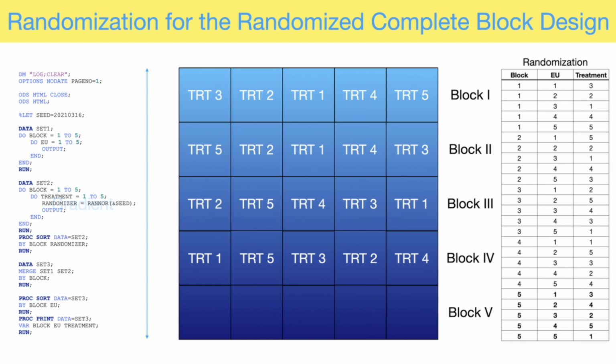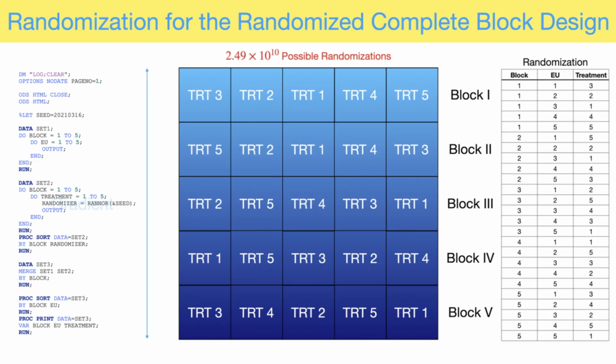And then finally, for the fifth block, the order of the treatments to experimental units was 3, 4, 2, 5, and 1. So you can see this process where we have randomized the experimental units within each block separately. And again, that SAS code over to the left has been used to accomplish this.